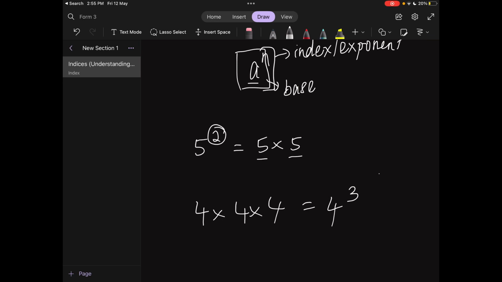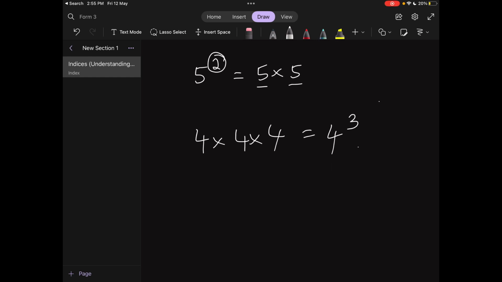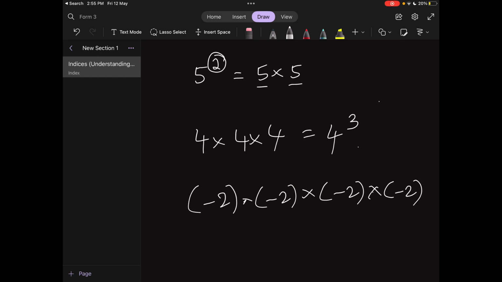Let me give you one more example: negative 2 times negative 2 times negative 2 times negative 2. To write this particular expression in the form of index notation, what would it be? Same thing.